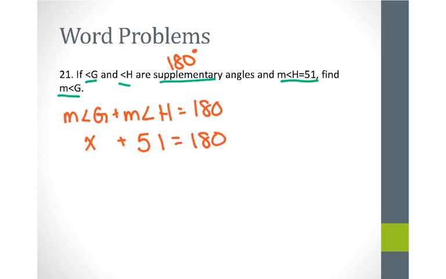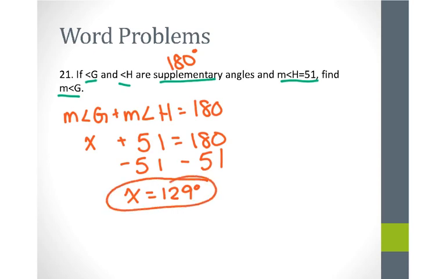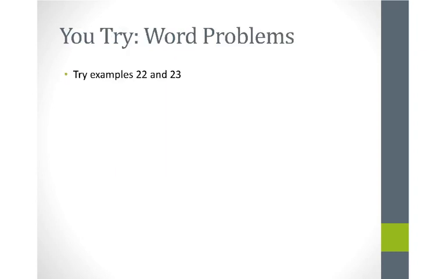Plug in a variable. So now you have a one-step equation. So solving, you get x to equal 129 degrees. Okay, so it was words that we were able to write an equation from and solve. A lot easier than you thought, right? So try 22 and 23 and come back and check your work.